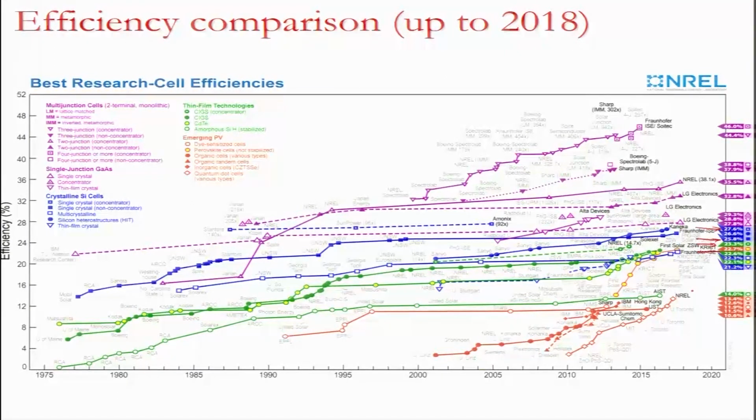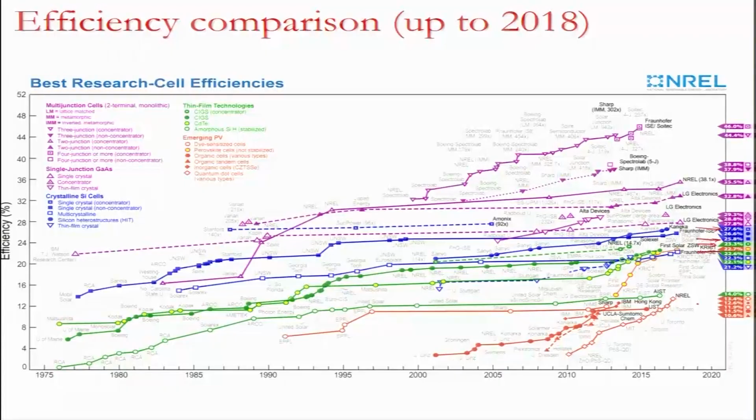And the emerging PV is the third generation technologies, and that is where we have perovskite leading the chart at 22.7. Right now it is more than 23%, the world record, as we speak today. Then we have quantum dot at 13.4.